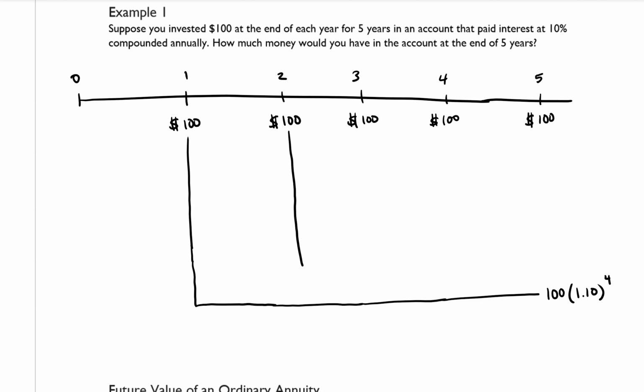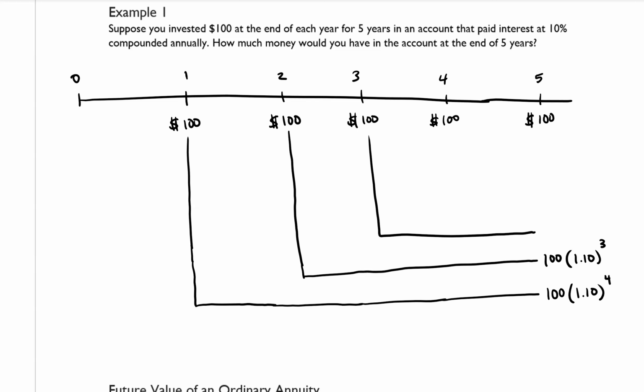Now this next $100, it is not sitting in the account for as long, and it will only have accumulated interest 3 times. So it would be 100 times 1.10 to the third power. And we are going to follow this pattern.